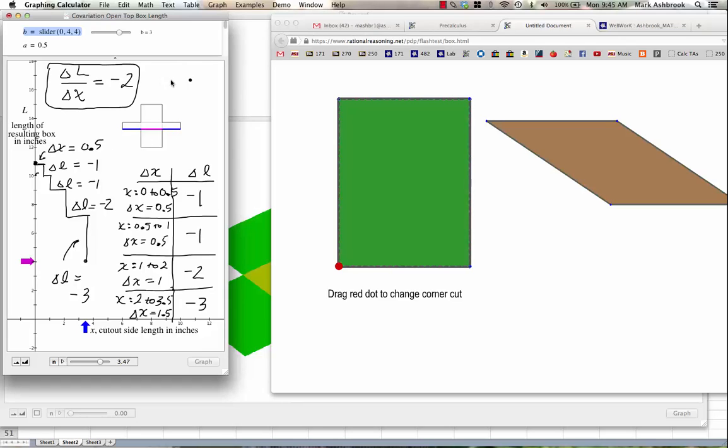You multiply the change in X by -2, and then you get the change in L. Whatever your change in X is, you can always multiply it by the constant multiple, and it'll give you the change in L. What is that constant multiple? -2. So the change in L will always be -2 times the change in X. That's what we're seeing in the table.